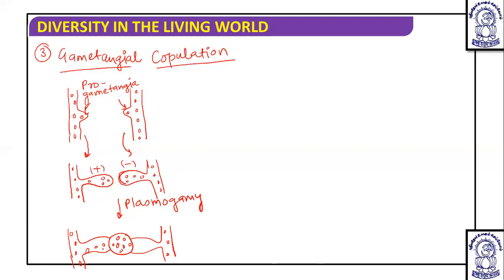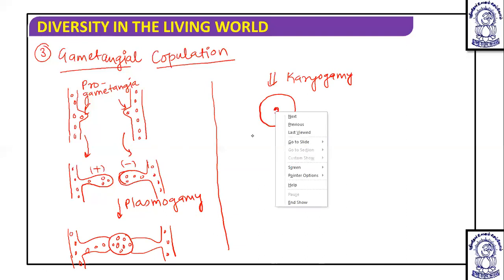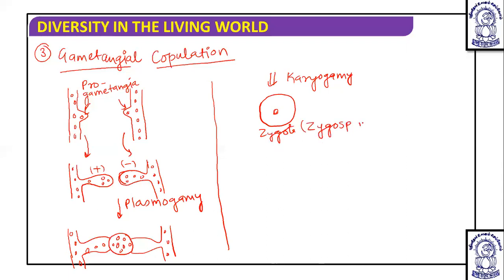And after the multinucleated body, you will find that karyogamy takes place. And when karyogamy takes place, a zygote is formed, and that zygote is known as zygospore. It is also called zygote.